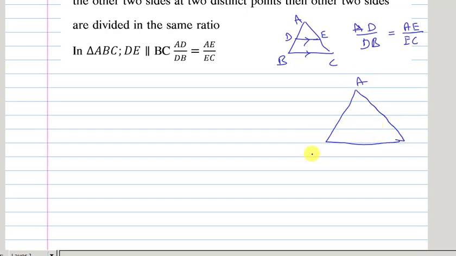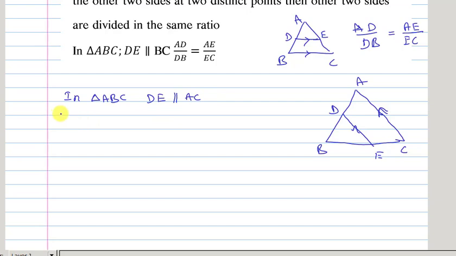In the bigger triangle ABC, they mention that DE is parallel to AC. So let us write, in triangle ABC, DE is parallel to AC.